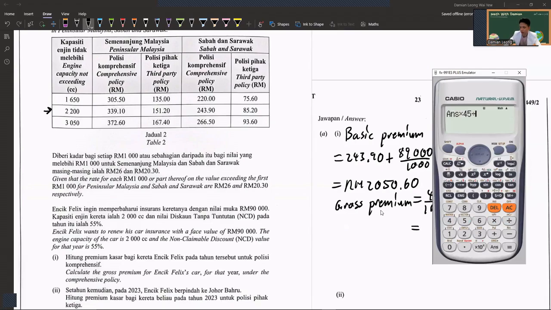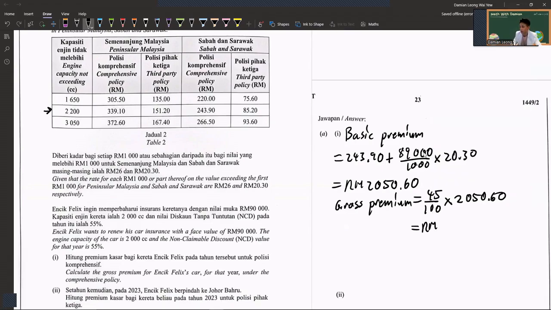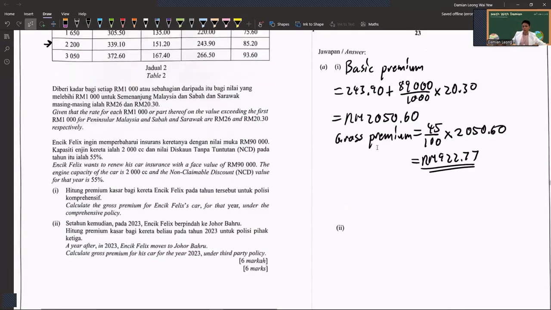So times 45%, then we get 922 ringgit 77 cents. That's it. Okay, that's gross premium.